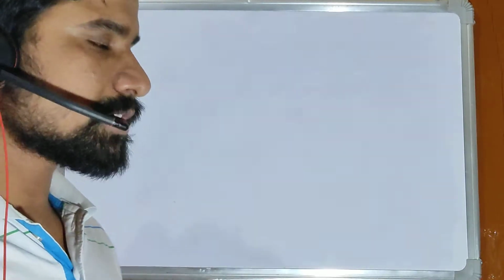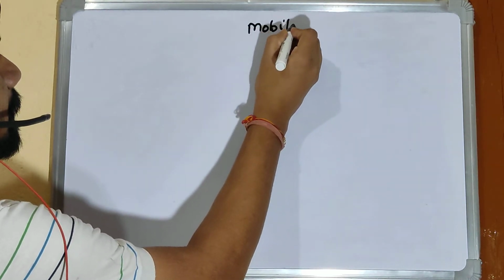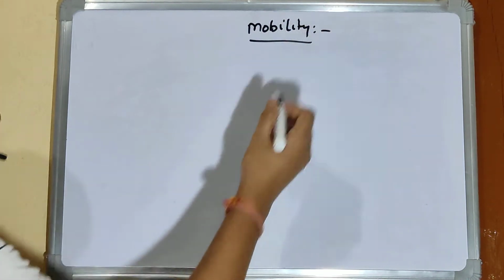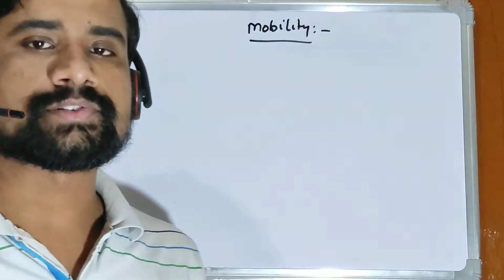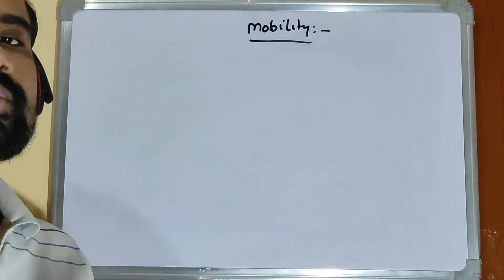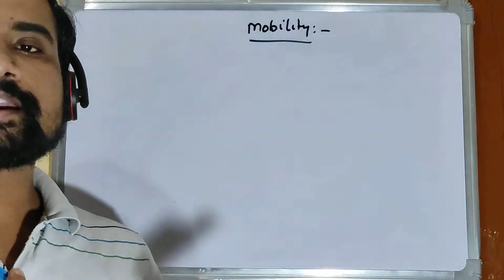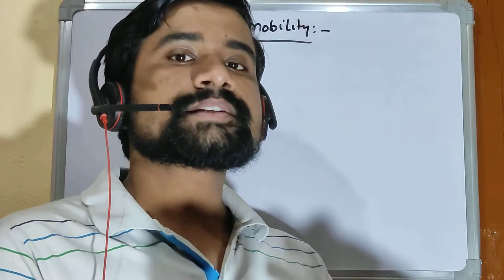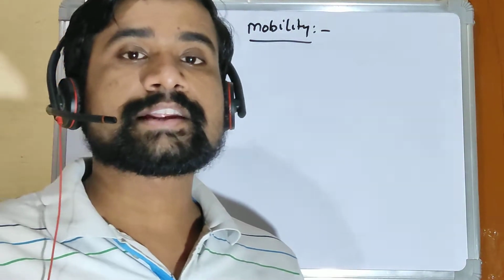Now let's discuss a term called mobility. So you know, conduction in metal or any conductor, wire, anything is because of electrons, right? The protons and all are residing inside the nucleus, and electrons are only responsible for conduction. Similar to that, if you talk about electrolytes, the conduction is because of ions. There it can be positive as well as negative ions, right?